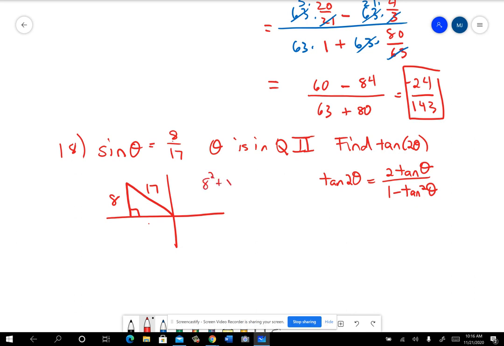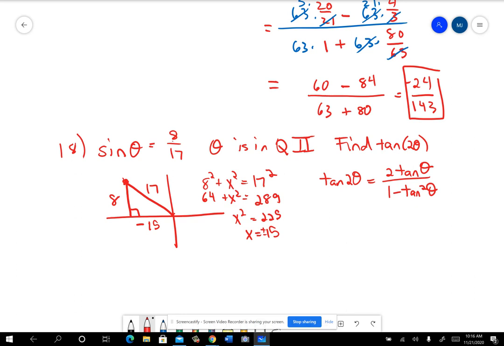8 squared plus the missing side squared has to equal 17 squared. That's 64. That's 289. So x squared would be 225. So x would be 15, positive or negative. And it's in the second quadrant, so to get to that point, I'd have to go to the left 15.